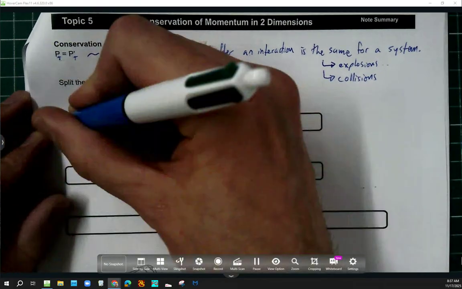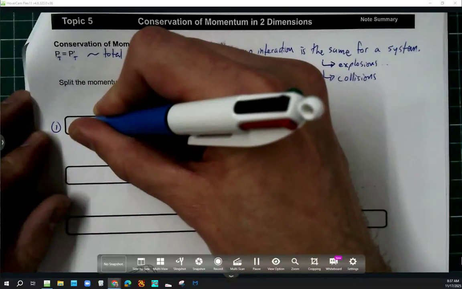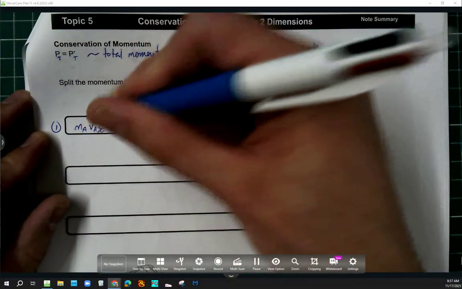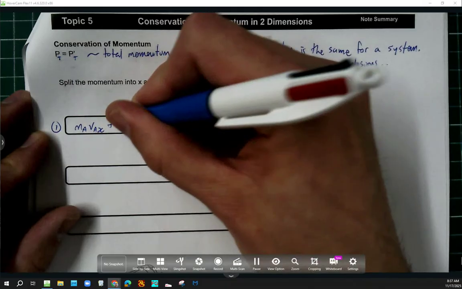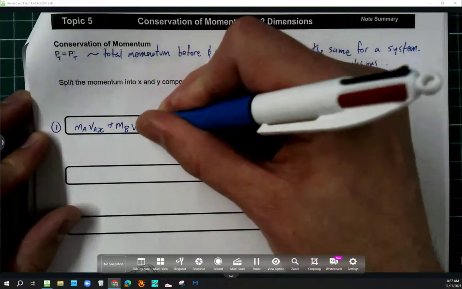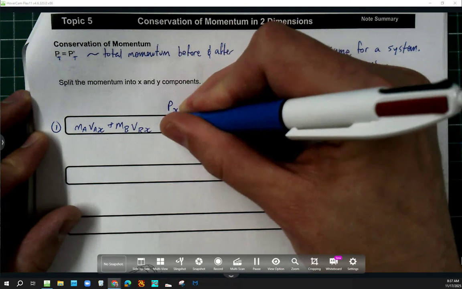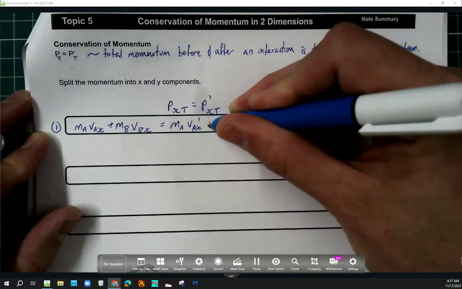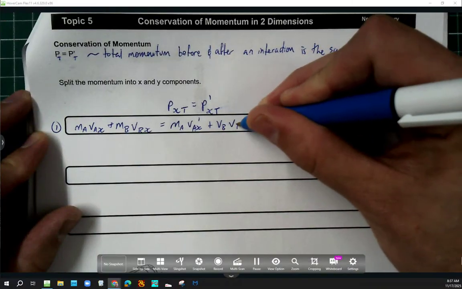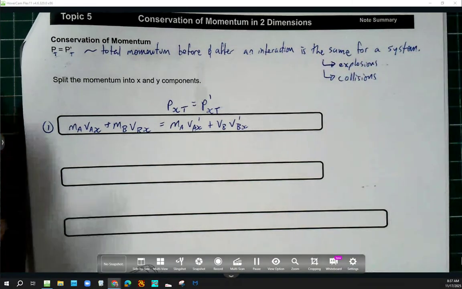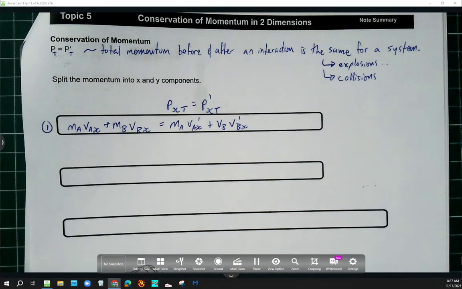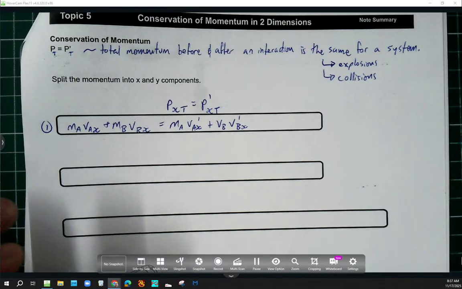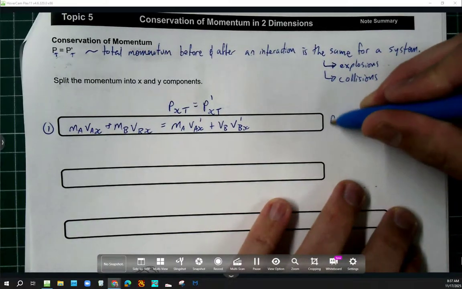And so we'd have equation 1: MA VAX, the X component of VA, plus MB VBX equals MA VAX prime plus MB VBX prime. You start to see where we really wanted that prime notation, because AX initial and AX final is just too much to take in the subscripts. So this is for a 2-body system.